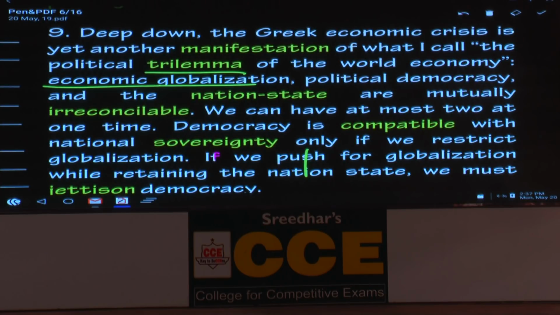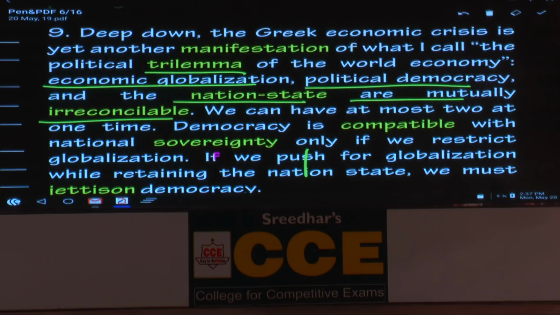Economic globalization, political democracy, and the nation state are mutually irreconcilable. Irreconcilable means what? Not compatible. You cannot have all the three at the same time. Now, what is the meaning of the word nation state? This is a political term.